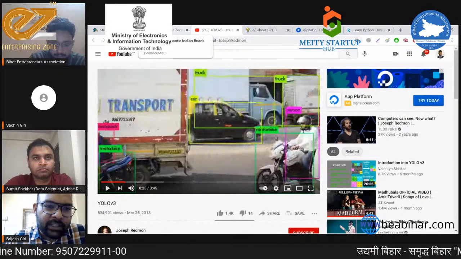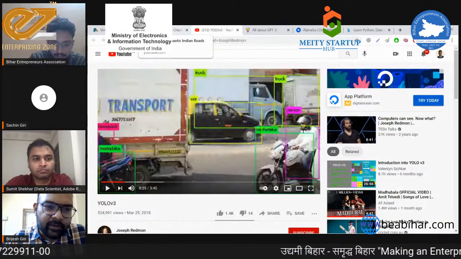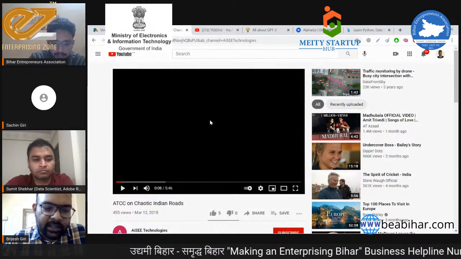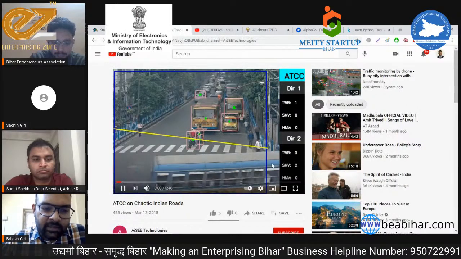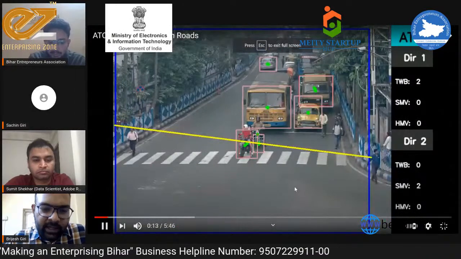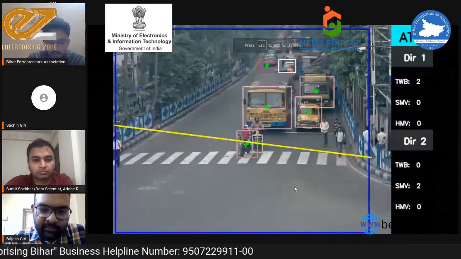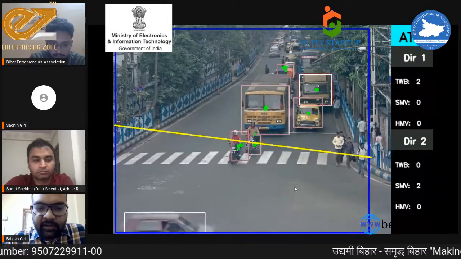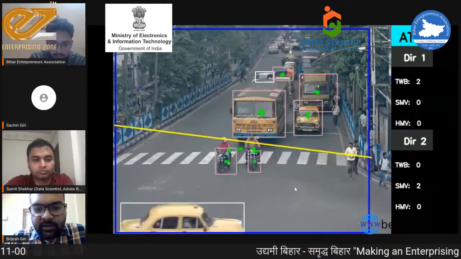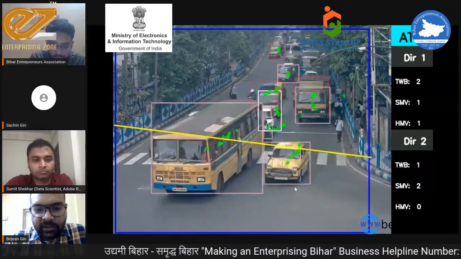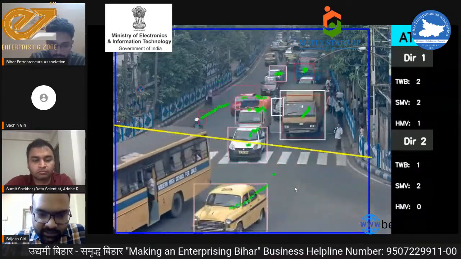So one application of a CNN or convolutional neural network in India, where Kolkata police is using this technology to monitor traffic in real time, and to gather data on or to monitor the volume of the traffic inflowing or outflowing from a particular junction.